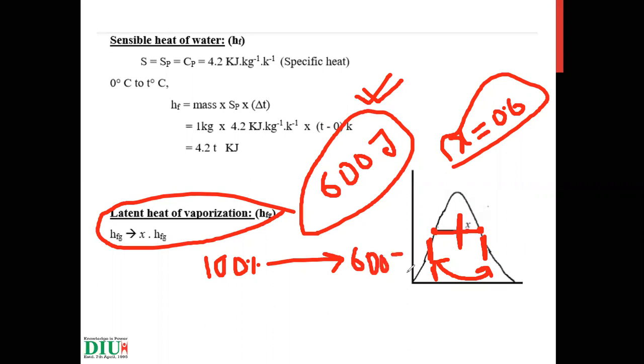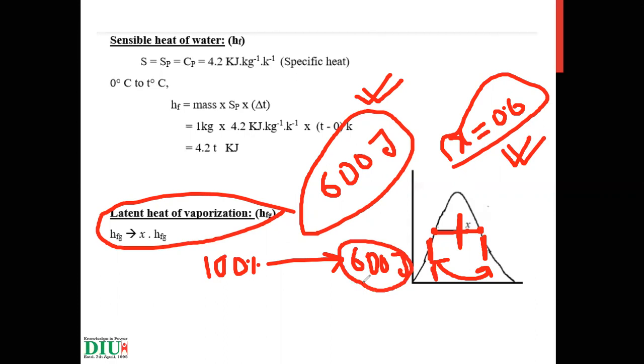But I am told that your dryness fraction is 0.6. What does it mean? Has your 100% water converted to steam? No, sir, only 60%. Only 60%, isn't it? Yes, sir.